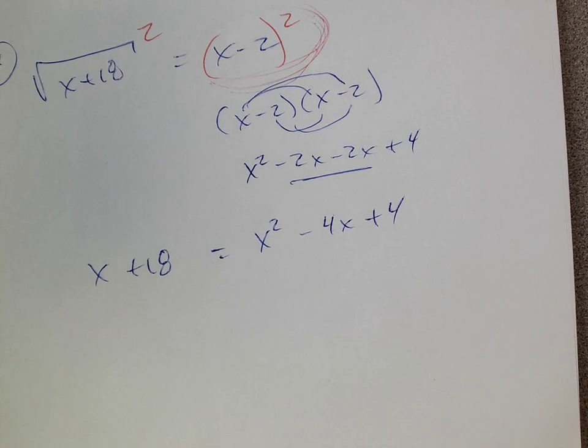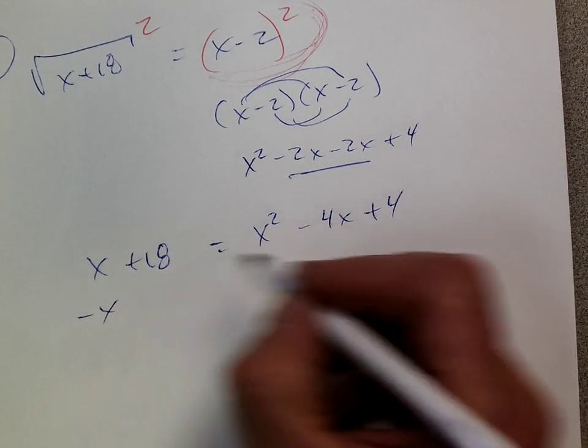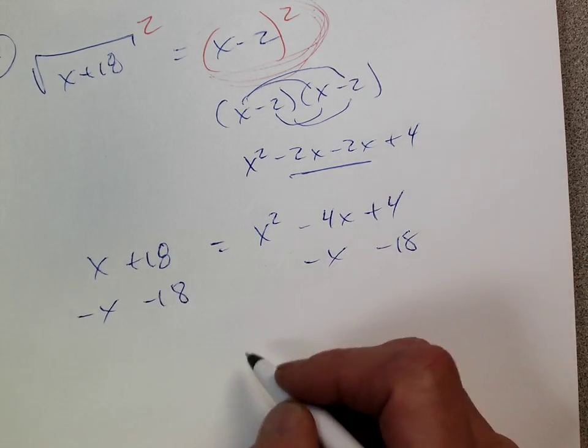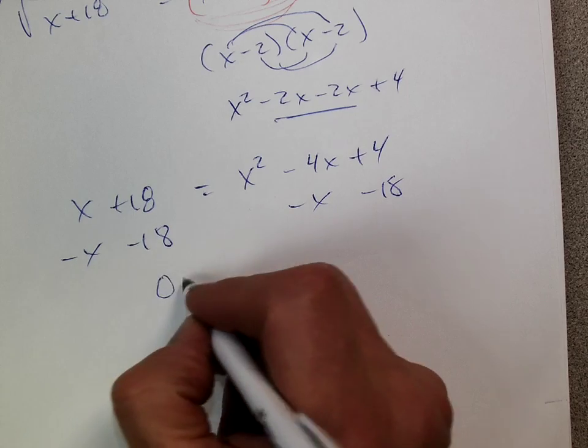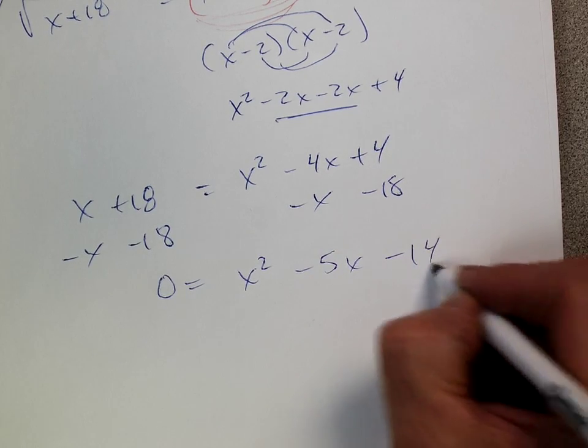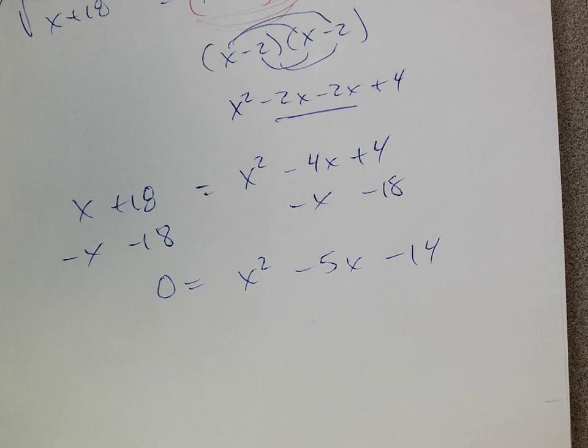Well, I've got an x squared and I've got an x. Looks to me like it's going to be the F word. Doggone it. We're going to have to factor, right? Minus x, minus 18, minus 18, right? 0 equals x squared minus 5x minus 14, right? But we can factor that, right? What times what makes 14? 7 and 2. Yep, totally right.